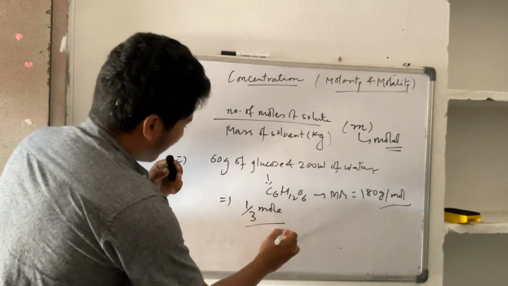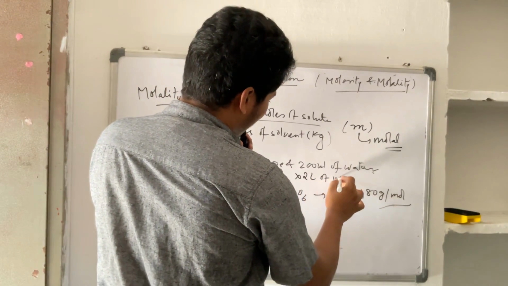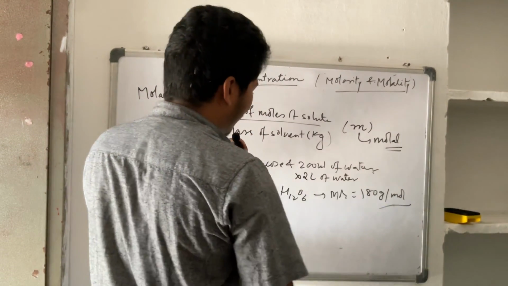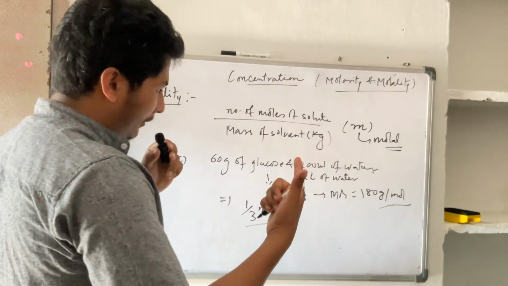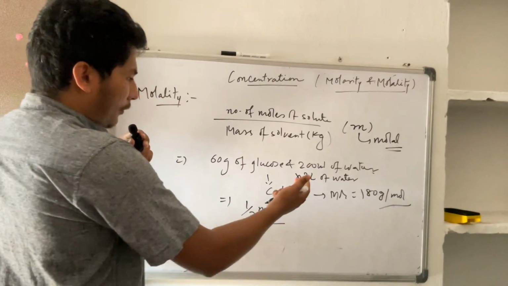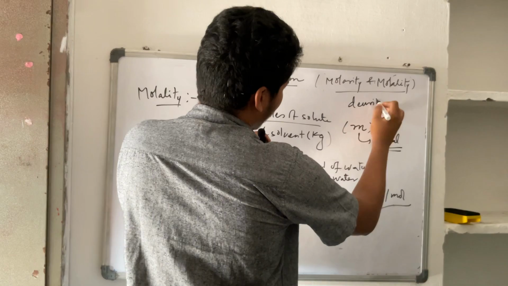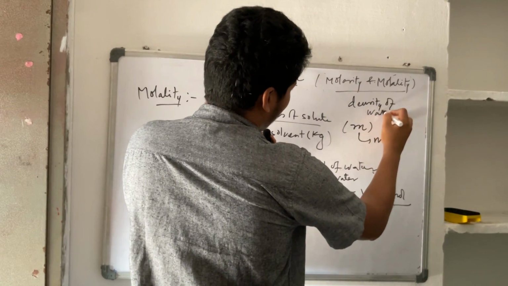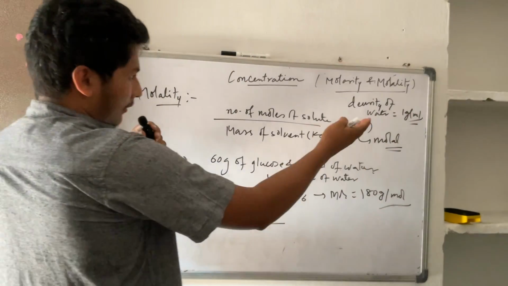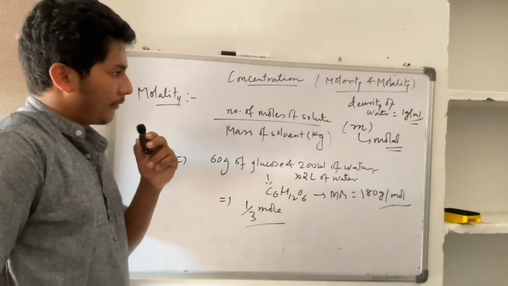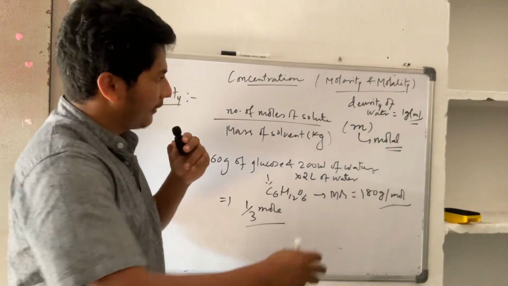Now let's say you have taken 2 liter of water as a solvent. The density of water we know is 1 gram per ml. So for 2 liter of water, the mass of water is 2 kg.